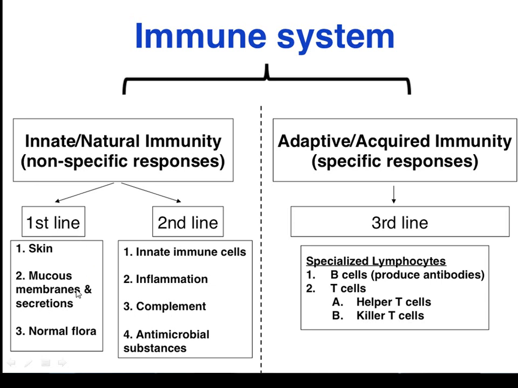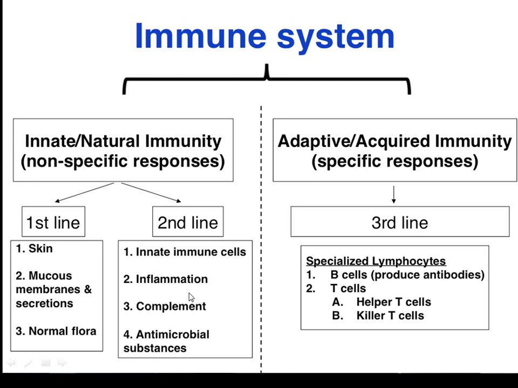But if the physical barrier is breached by a cut, tear, or abrasion, or foreign substances can penetrate through, in that case the second and third lines of defense may become activated. These are the innate immune system and the adaptive immune system. The innate immune system is the natural immune system. It is non-specific, and it is composed of blood-borne macromolecules like complement proteins.